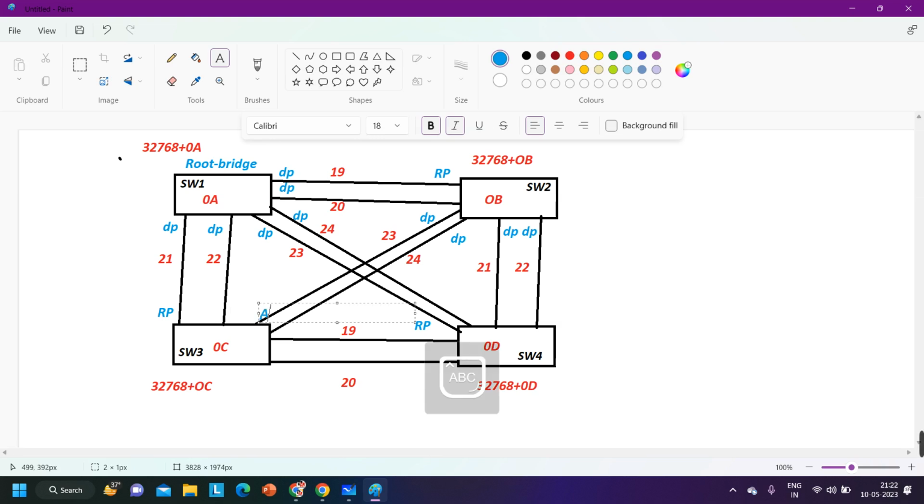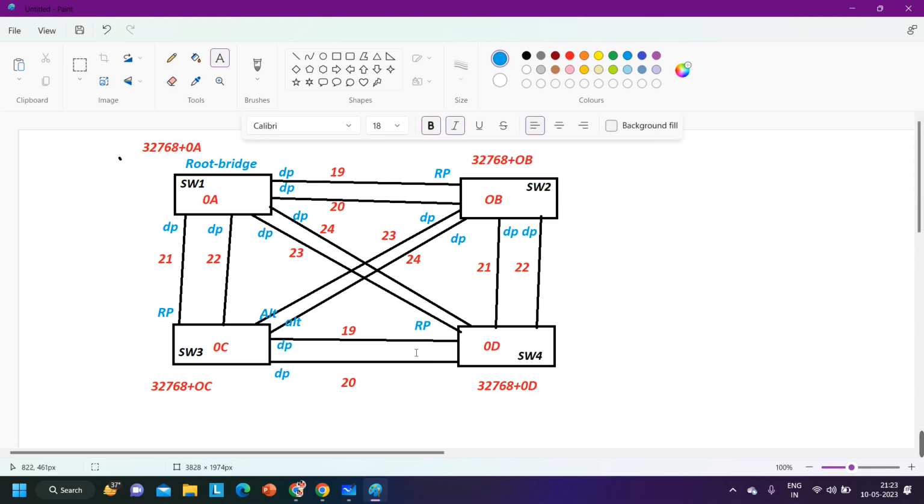So this port will become alternate. In the same way, this port will also become alternate. Right? And 19 and 20 is DP, because of lower sender ID. This one is also DP.